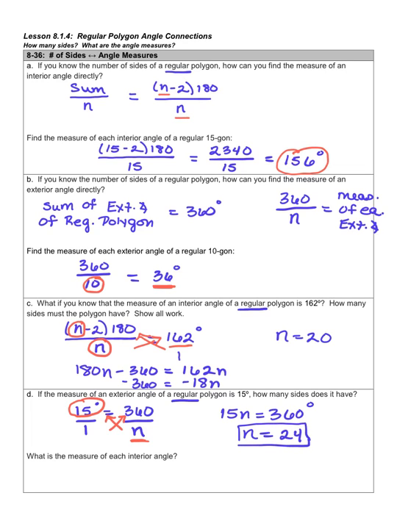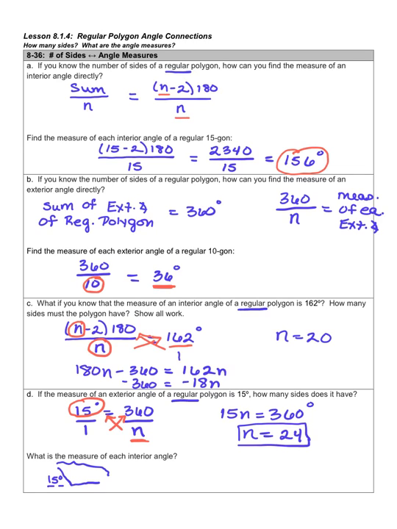And finally, what is the measure of each interior angle? Well, if I know the measure of each exterior angle is 15 degrees, let me just draw, what if this is one angle in the polygon? Okay, and the polygon's continuing up here. Here's the exterior angle of 15 degrees.